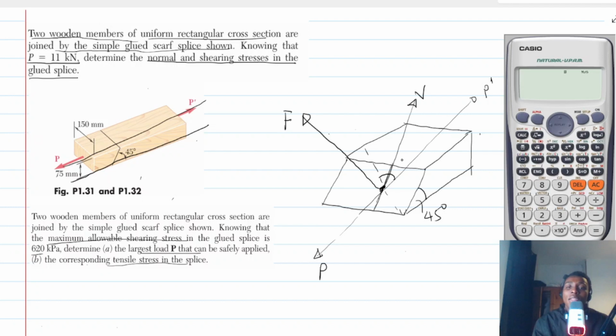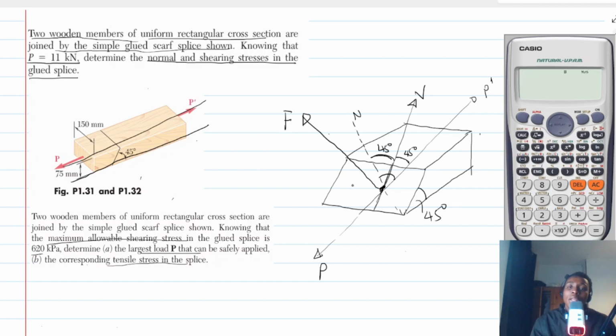Therefore we expect that this angle here must be 45. However, we know that there is this normal to the plane. The normal to the plane will be perpendicular to P. Therefore this angle here must be 45.